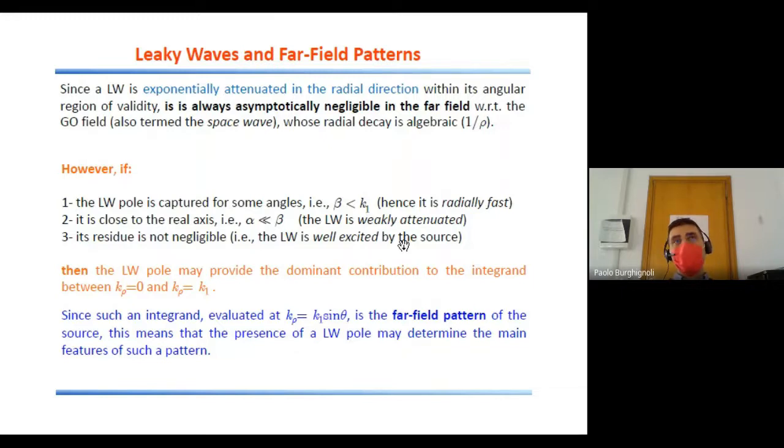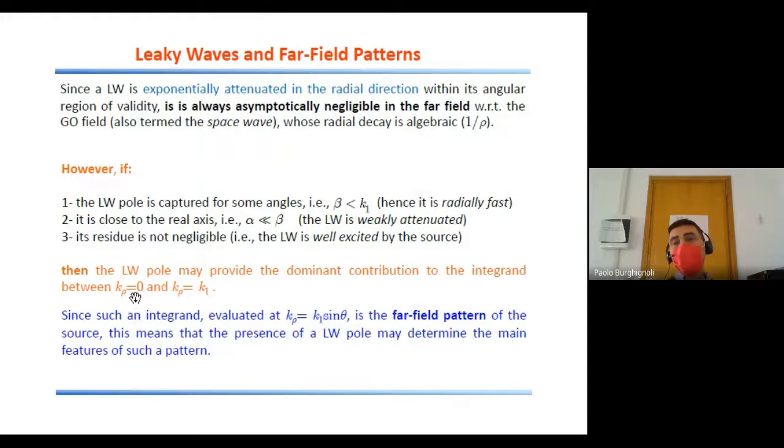That is because you have a pole very close to the real axis, and therefore its presence may dominate the shape of the integrand, in particular between the origin of the complex plane and the branch point k1 in the so-called visible range of integration that corresponds to uniform plane waves in the plane wave spectral representation of the field.